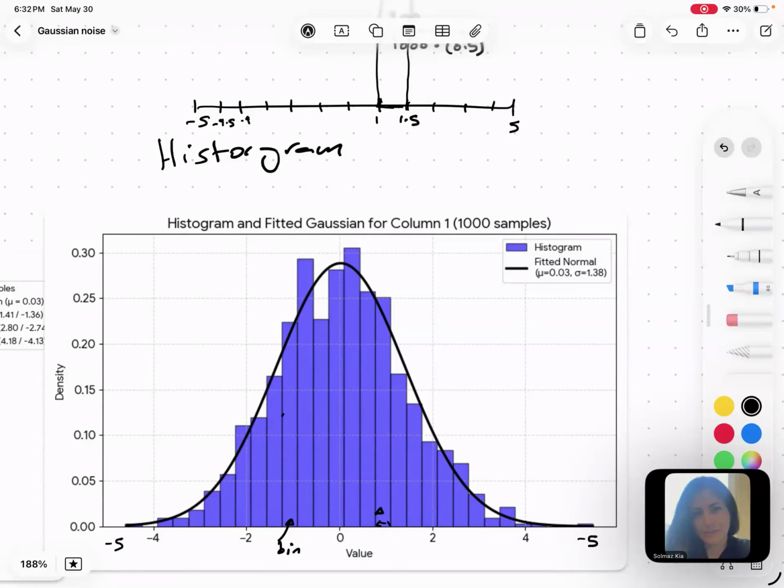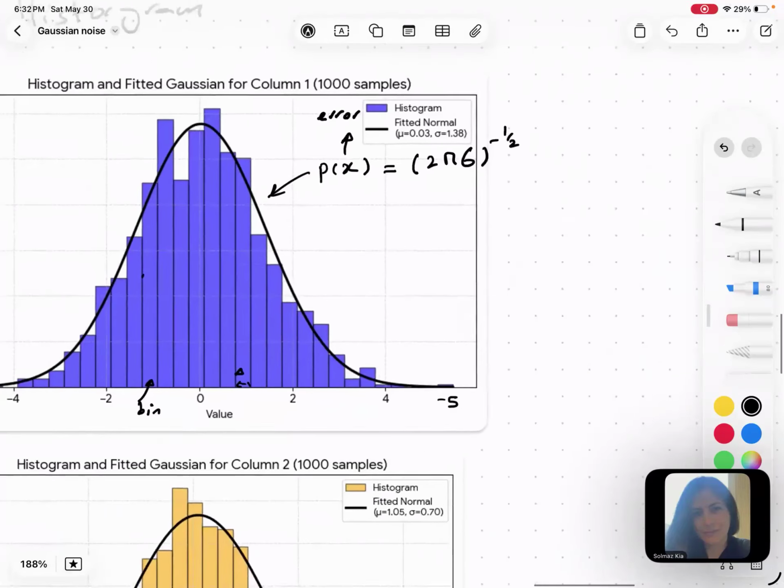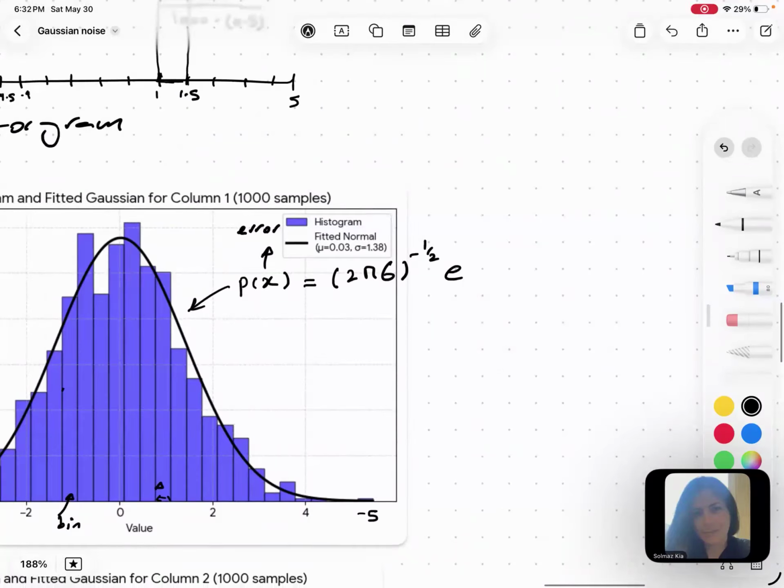And what we can do then is fit this particular function to the chart that we have. This function is p of x, or in our case, x is the error, equal to (2 pi sigma squared) to the power minus 1/2 times e to the minus 1/2 ((x minus mu) over sigma) squared.